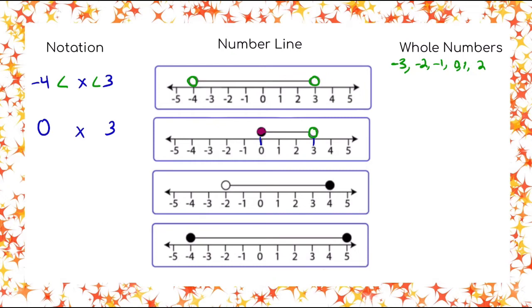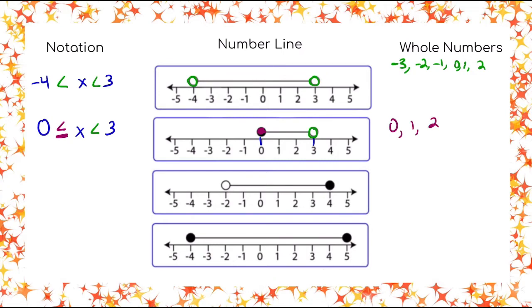Well, my closed circle means that I have the line underneath. My open circle means that I don't. So this means closed, then open. And then for my answers that are actually included, a closed circle means that that value actually is included. So it'll be 0, 1, and 2, and then 3 is not included because of the open circle.